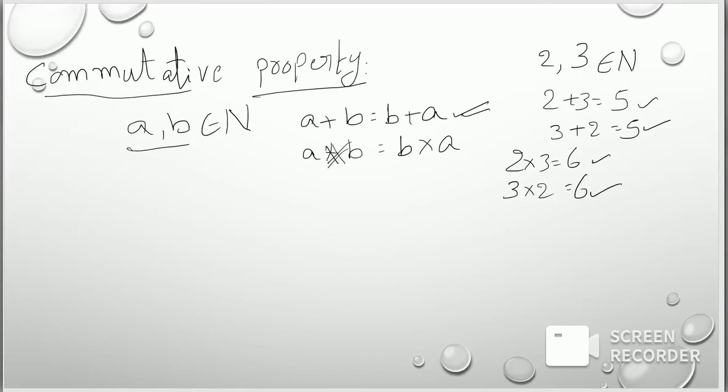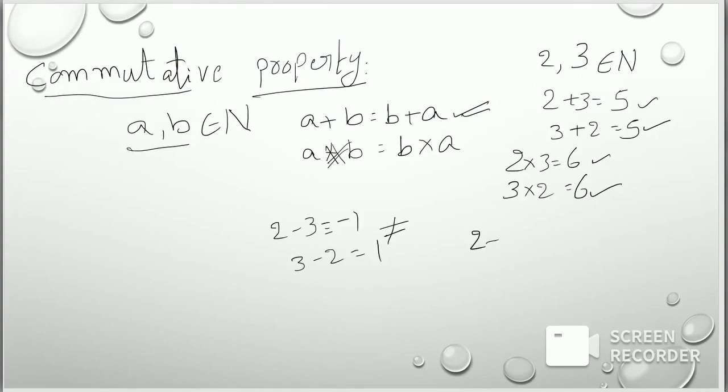If you take the same numbers 2, 3 under subtraction, 2 minus 3 gives minus 1 and 3 minus 2 gives plus 1. These two values are not equal to each other. That means the set of natural numbers does not satisfy the commutative property under subtraction.